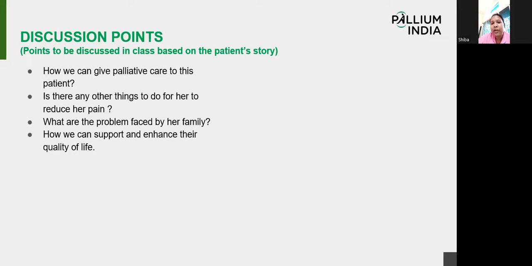But for pain management she only got paracetamol, and she had a port, and on that a blood clot formed. Because of that complication, she died.